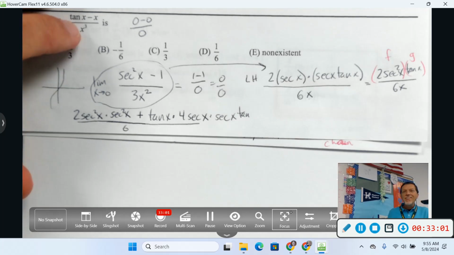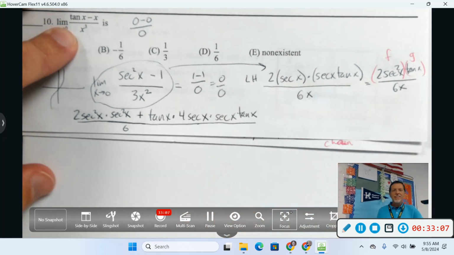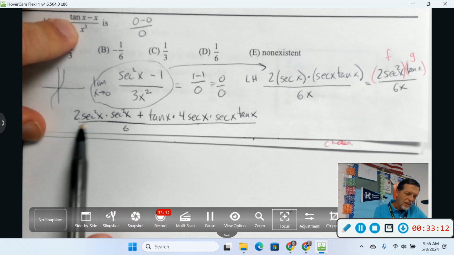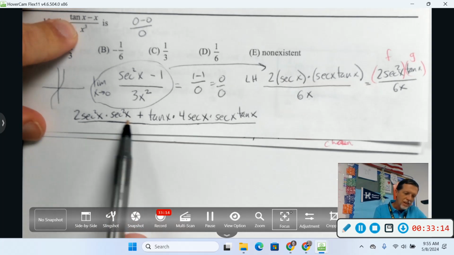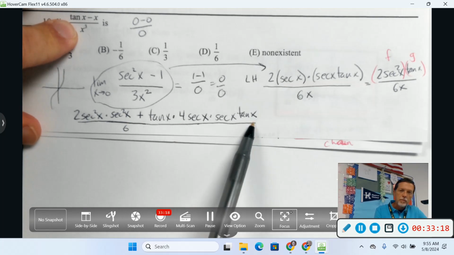Sorry, what's that? One like this? Probably. See, I think I did that right. So, double check here. That's first times derivative of the second plus second times derivative of the first.